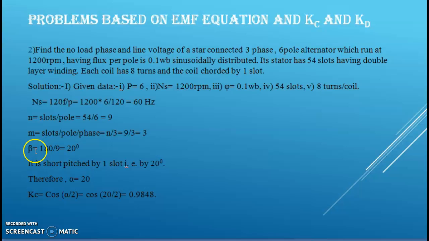Similarly, you can find beta. Beta formula is 180 upon n. So 180 upon 9, you will get beta as 20 degrees. As I have told you, the coil is short pitched by 1 slot only, so alpha is equal to beta, that is 20 degrees. So I can easily find Kc here. Kc is equal to cos of alpha by 2, which is cos of 10, so it will be 0.9848.